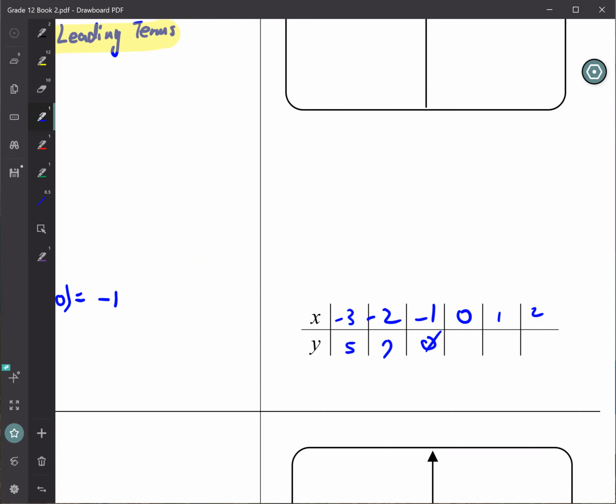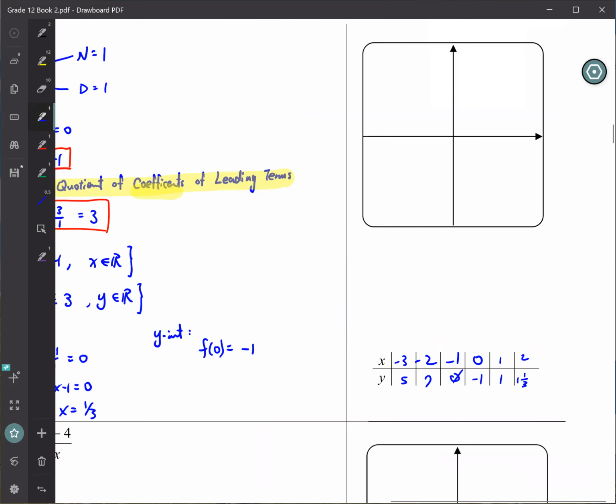Sorry, -1, 1, and then 1 and 1/3. Okay, thank you. Anyone disagree that has different values? You can let me know, and then we can check.